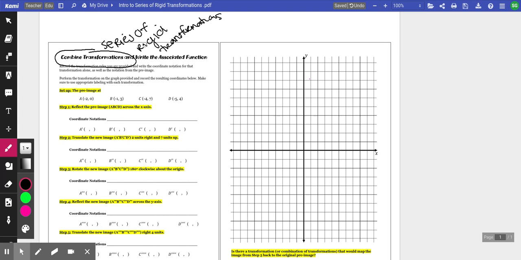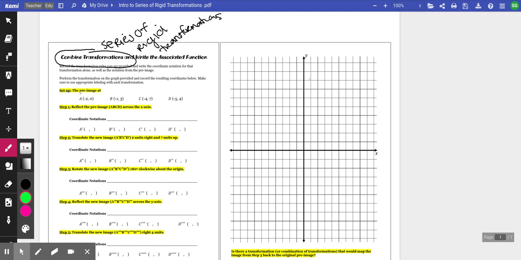Those are rigid transformations, and we're going to build one off of another. So instead of going back to the original pre-image each time, we're going to be building, and we're ideally going to be able to write a rule or a coordinate notation that's going to take us from the very original pre-image, so what we start with, all the way to the final image.